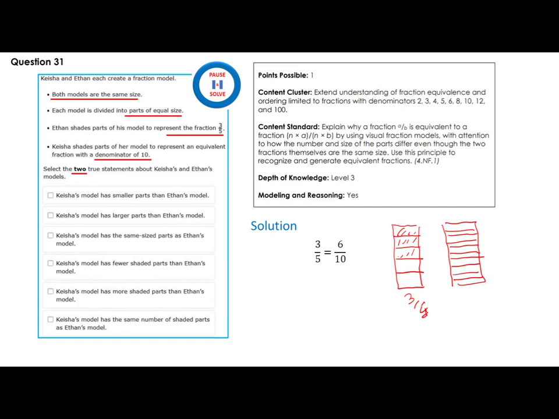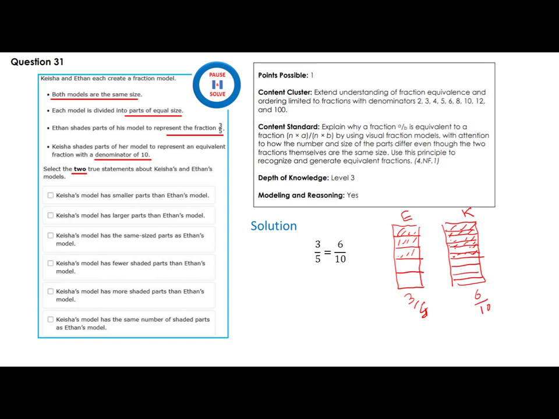That's Ethan, okay? That's Ethan. Kaisha covered 6 over 10. 1, 2, 3, 4, 5, 6. Okay? 6 over 10. Now he's asking you to compare what these pieces here.